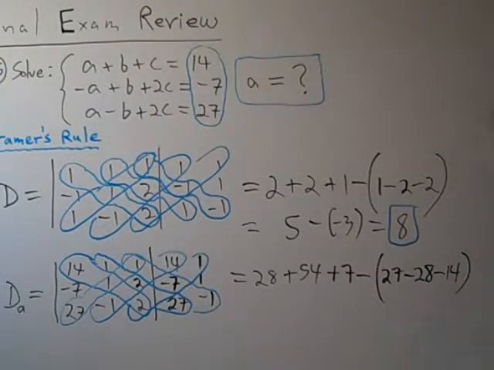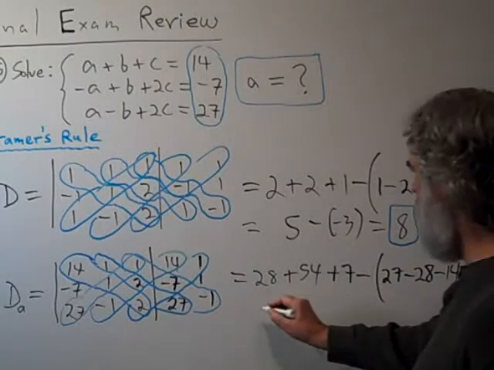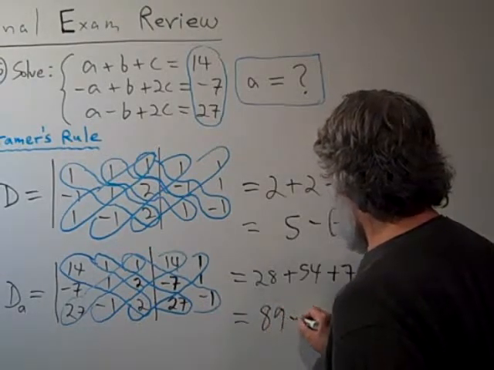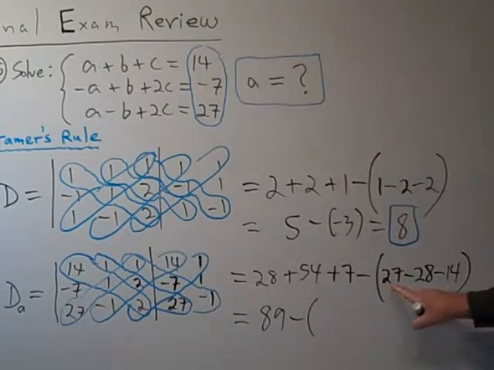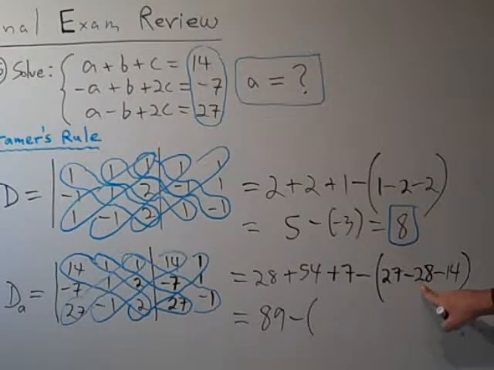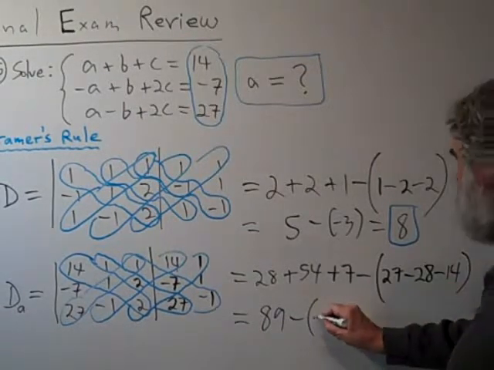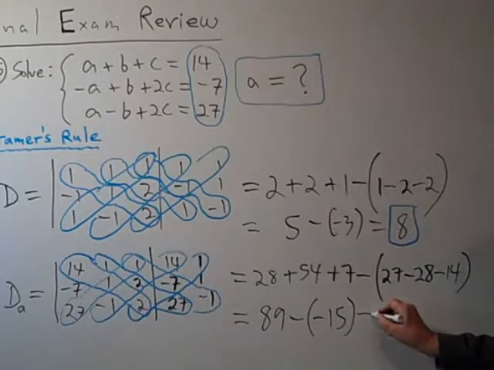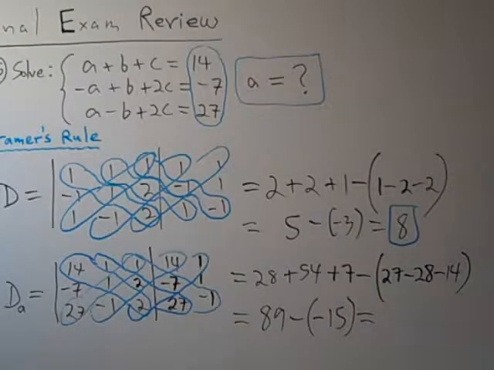So what we have here is 28 plus 54 plus 7, that adds up to 89, minus 27 minus 28 is -1, and -1 -14 is -15. 89 minus a -15 is 89 plus 15, which is 104.